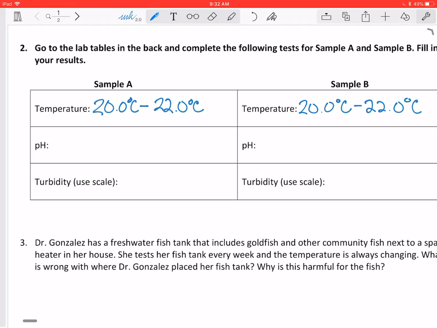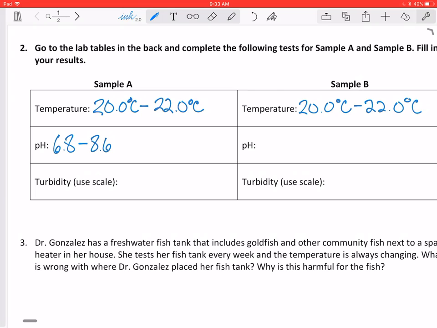And then the pH, this ranged a little bit for sample A. I saw as low as 6.8, and then as high as 8.6, and it actually varied a little bit depending on which probe you were using. And that's why I tested it with different probes in each of the samples, but on average, it was right around 7 for most of those.